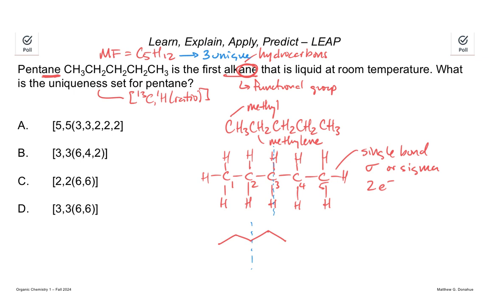And so if we're looking at the responses here, we can rule out choice A and C because the first number we're looking at is carbon.